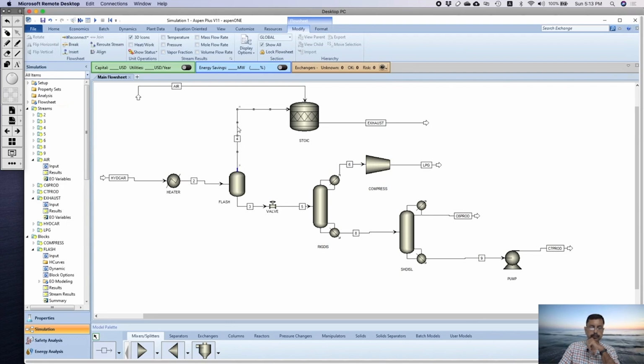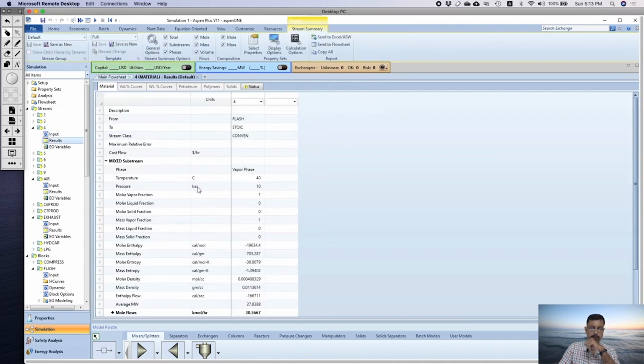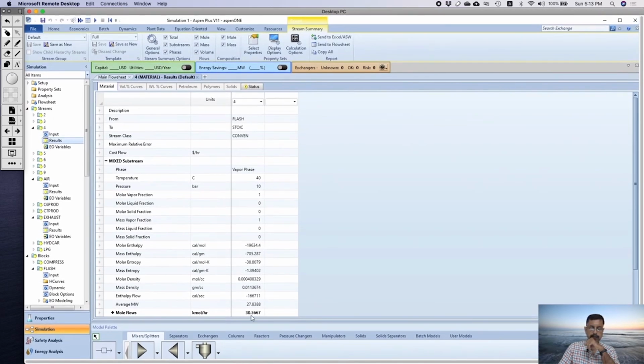The result in the number 4, we had mole flow of 30.5667. So much mole of leftover gas is going upwards.